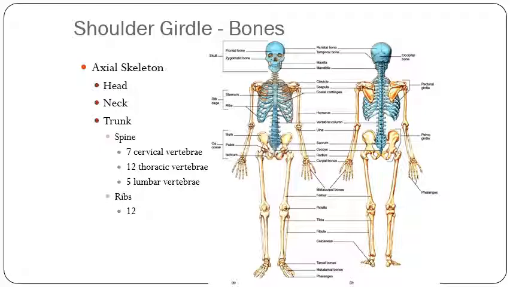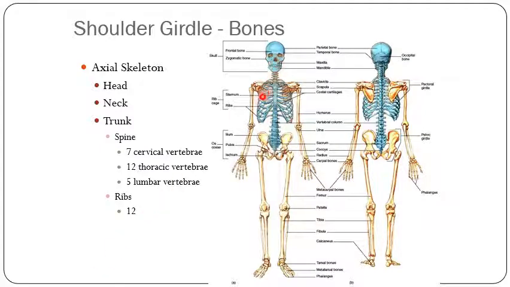So we look at the shoulder girdle bones. It's important to look at this relative to the axial skeleton. So remember, we said the axial skeleton is the head, neck, and trunk, and we look at the spine, okay? And you can see the orientation of the scapula relative to the axial skeleton. So again, here you can look. The axial skeleton is essentially shaded in blue.